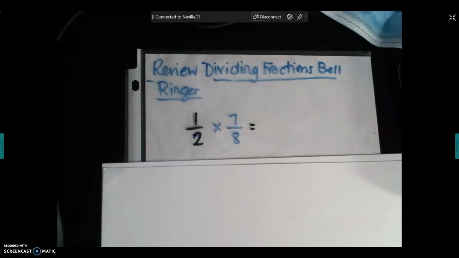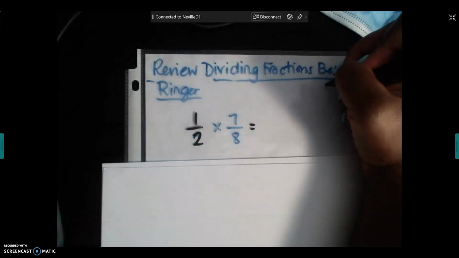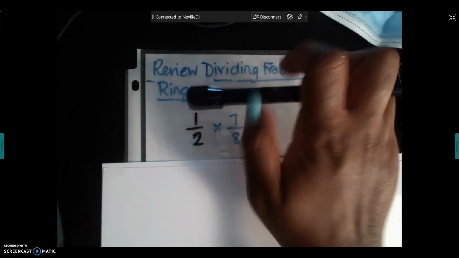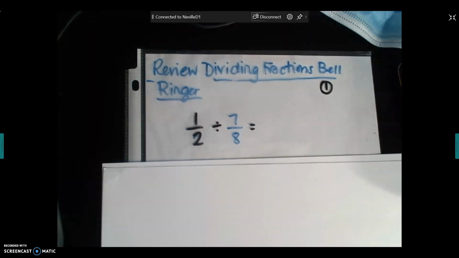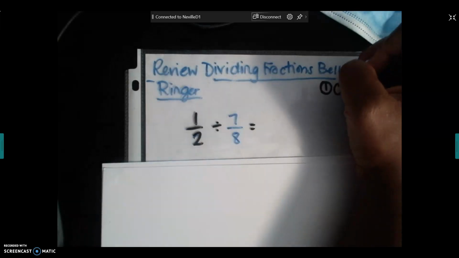I have 1/2 times 7/8. We want to remember what's going to be our first step here. And now I'm sorry, guys, that should be divided by. My bad. Hopefully you're writing with pencil. Before I flip to the reciprocal, I'm going to change my sign.